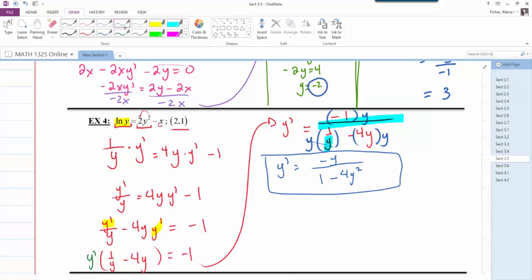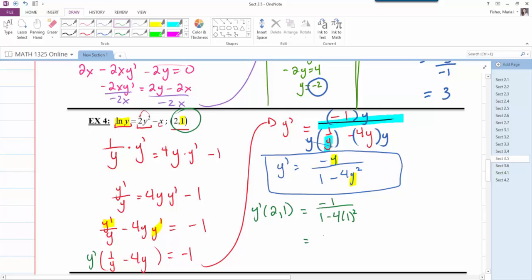Then what I want to do is evaluate the derivative at the point 2 comma 1. So y prime evaluated at 2 comma 1 is going to equal, well, everywhere there's a y, I write 1, and there are no x's, there's only y's, so I'm only going to write 1's. So we end up with negative 1 over 1 minus 4 times 1 squared.